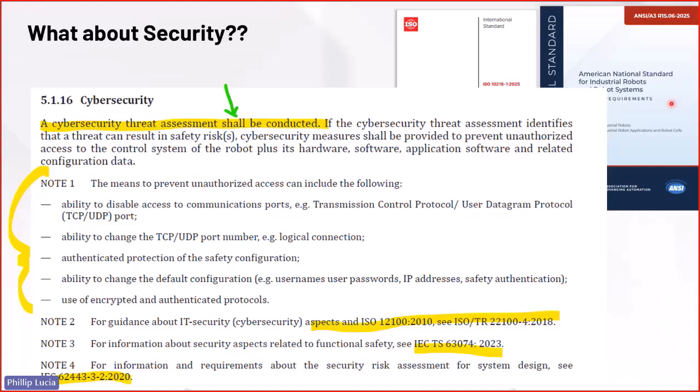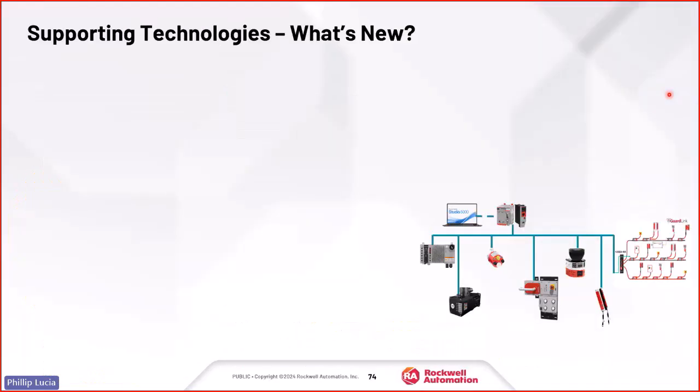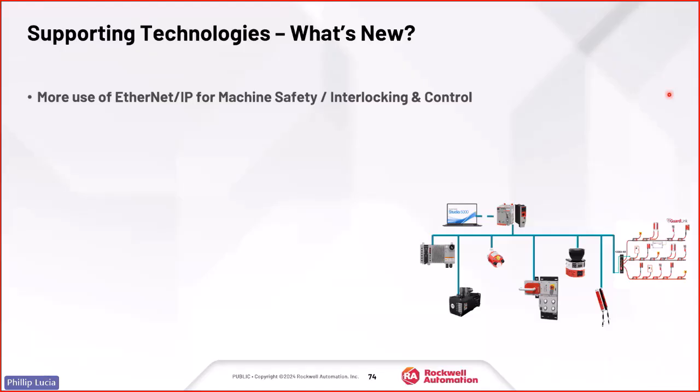It's not optional. Considering cybersecurity in the context of our machinery safety applications is not brand new, but it's not been focused on as a rigorous discipline as much as we need to do now going forward. And that ties us into the wrap up of the supporting technologies and what's new.